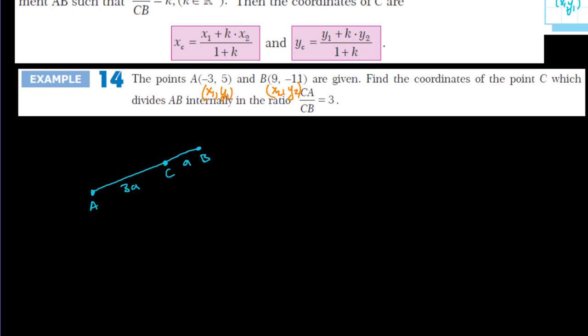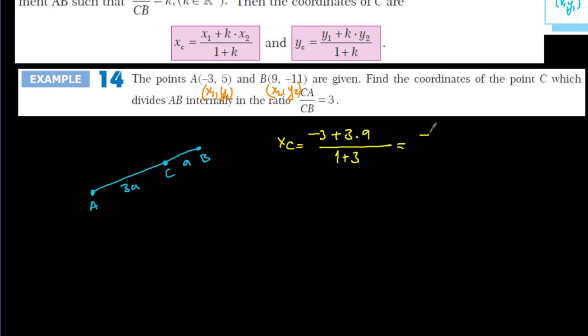Then with respect to this given information, xc is equal to x1, which is minus 3 in this case, plus k times x2, which is 3 times 9, divided by 1 plus 3. Here, remember that 3 is the k value.